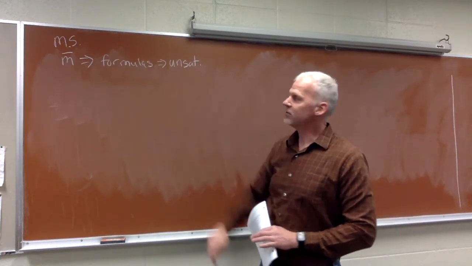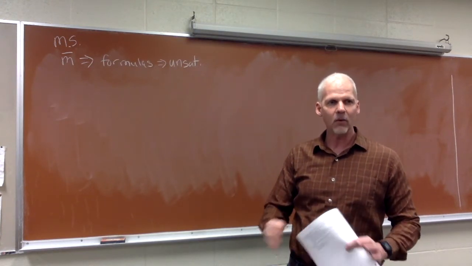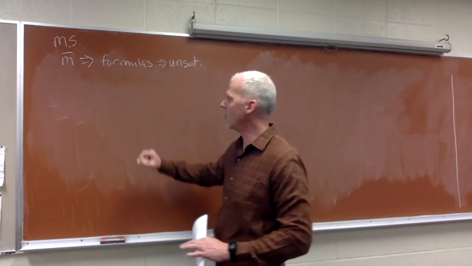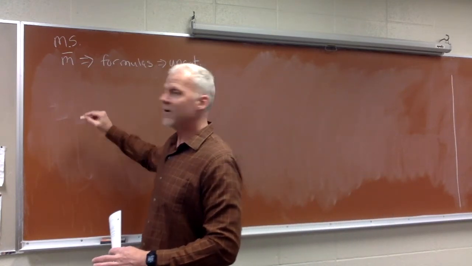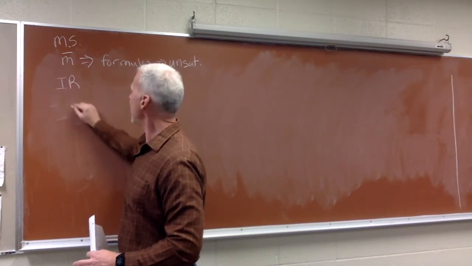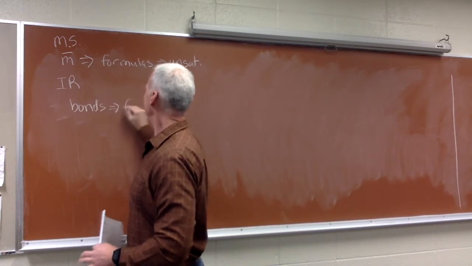So the unsaturations are going to give you your first kind of hints of requirements for structure, whether there are rings or multiple bonds necessary for that formula. From there, we learned about infrared spectroscopy. And what IR really told us about was the bonds in our structure, and particularly the bonds associated with functional groups.